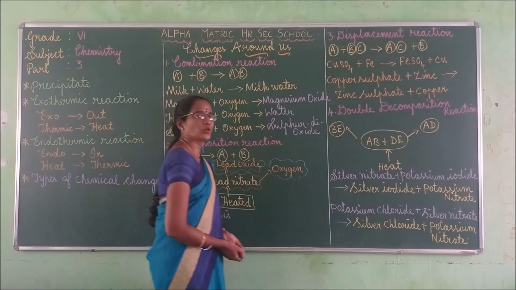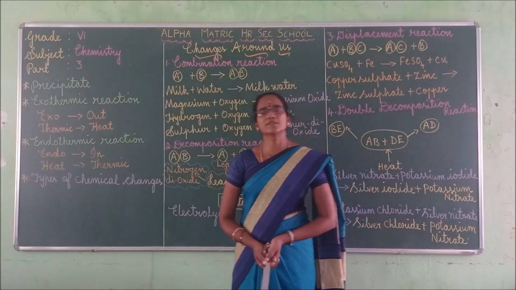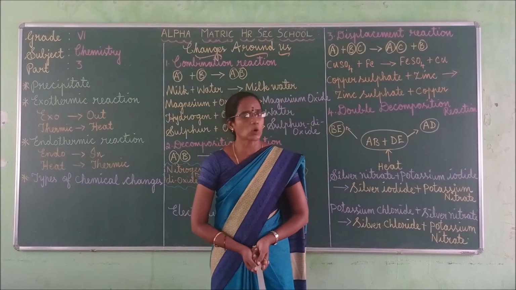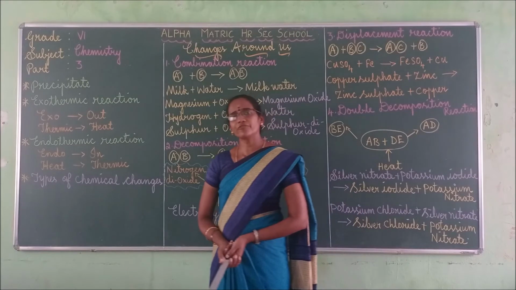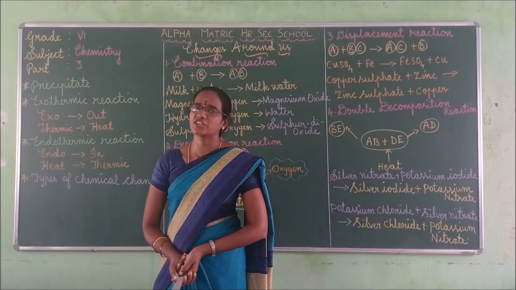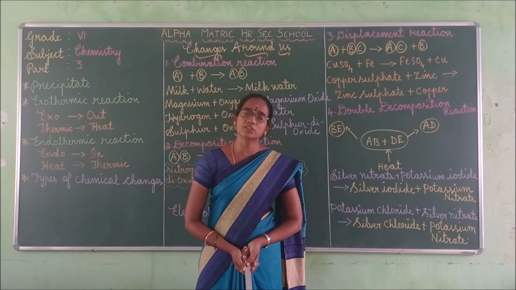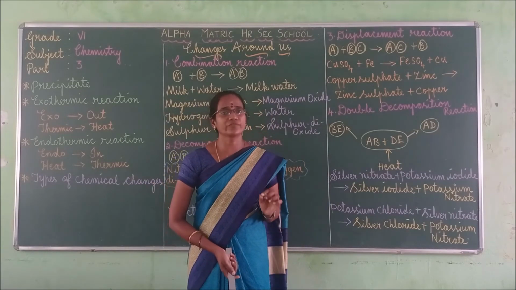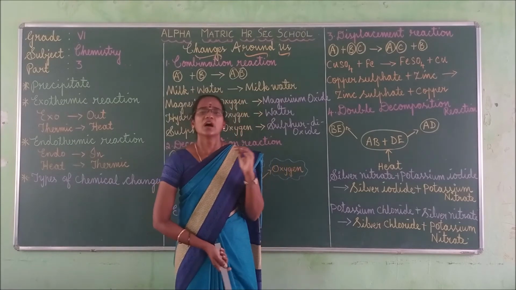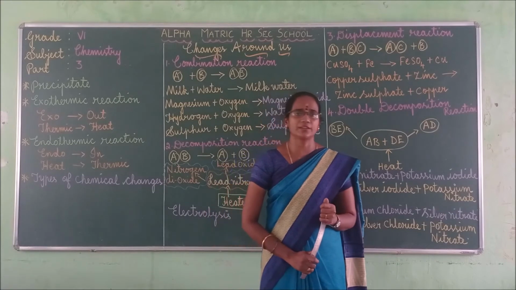What is meant by electrolysis? You know very well water is composed of hydrogen and oxygen molecules, isn't it? When electricity is passed through water containing a small amount of sulfuric acid, hydrogen and oxygen gases are liberated.